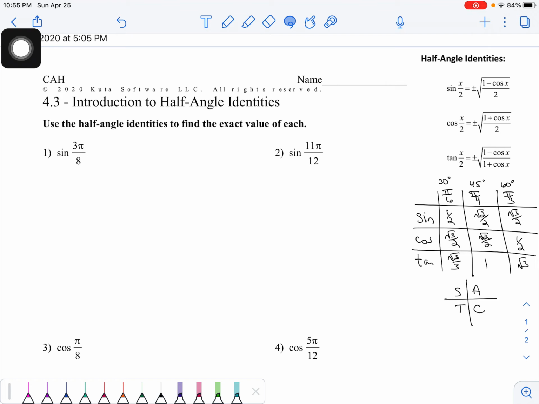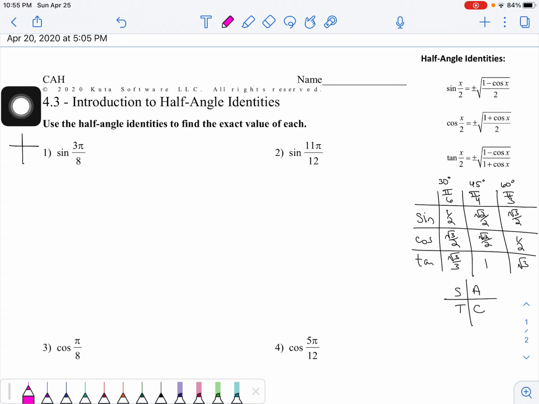All right. So first thing I want to do is figure out what quadrant 3 pi over 8 is in. 3 pi over 8 would be in quadrant number 1. Now you might be thinking, well, how do you know that? A couple different ways. Mathematically, I could take 3 divided by 8 and I get, I think it's 0.375. That would be less than a half, less than 0.5.